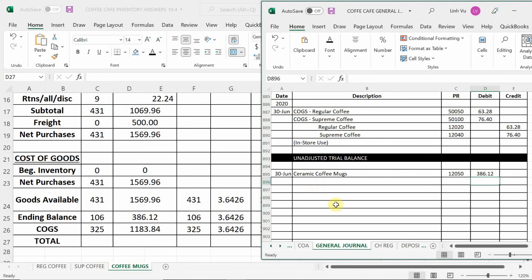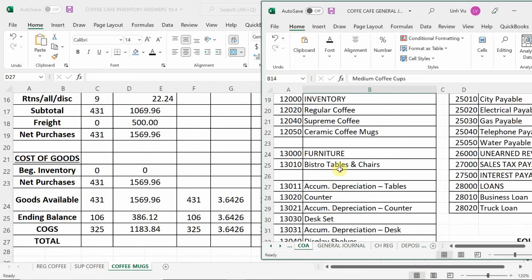Okay, you do have to do freight cost. Purchase expense. Let's see.